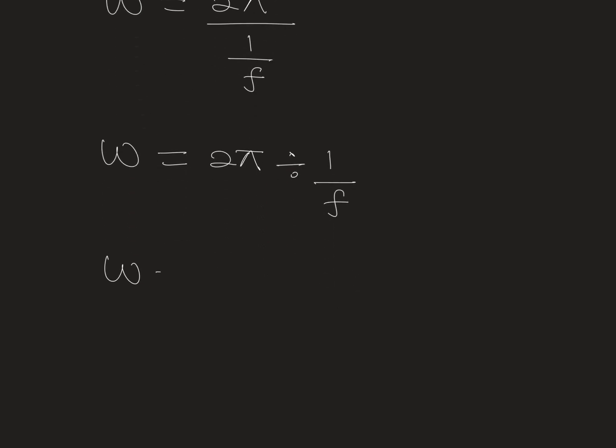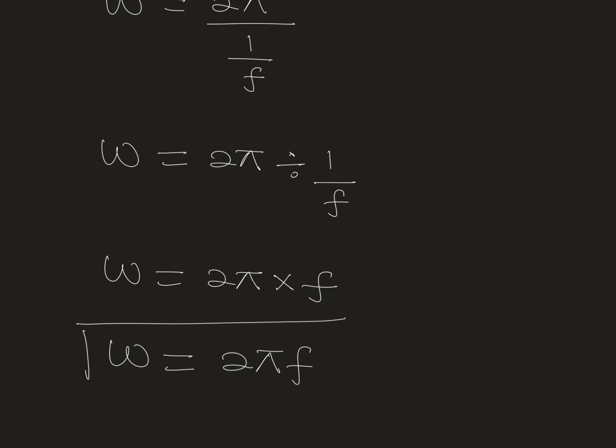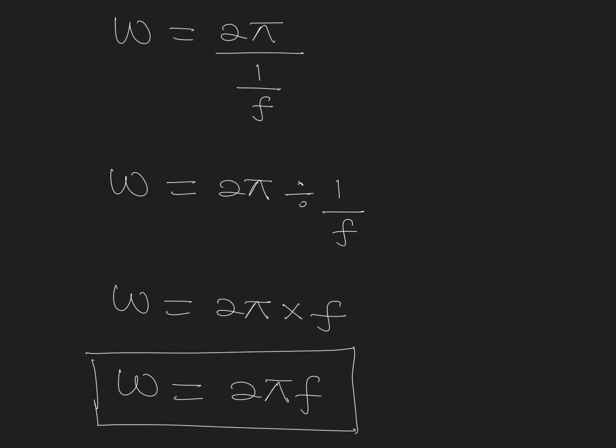So omega will be equal to 2 pi, and if I want to change the division to multiplication, that will be times the inverse of 1 over f, which is just f. So this is how omega is equal to 2 pi f. So that is what we have for you on the angular velocity.